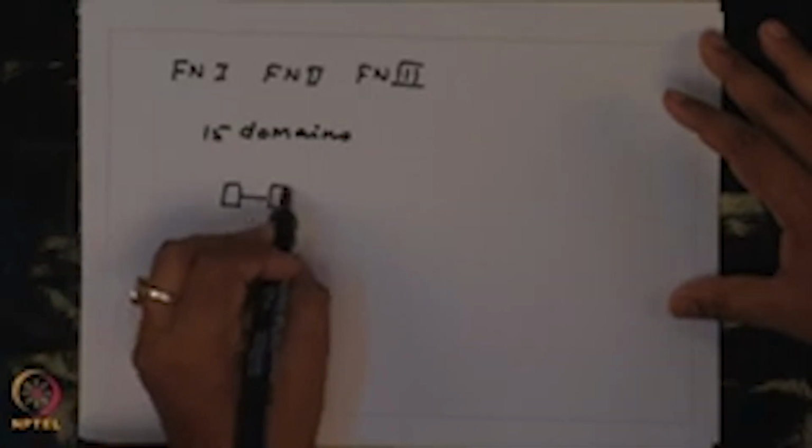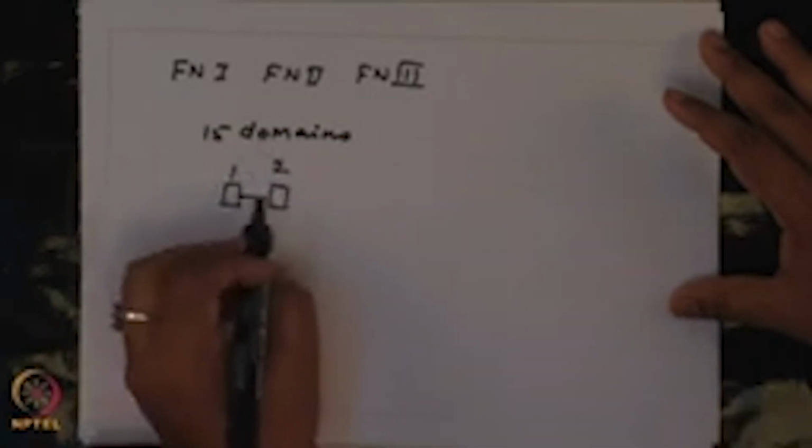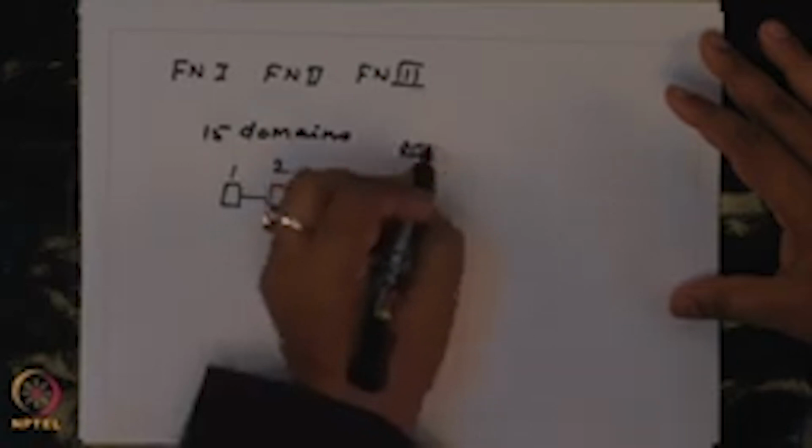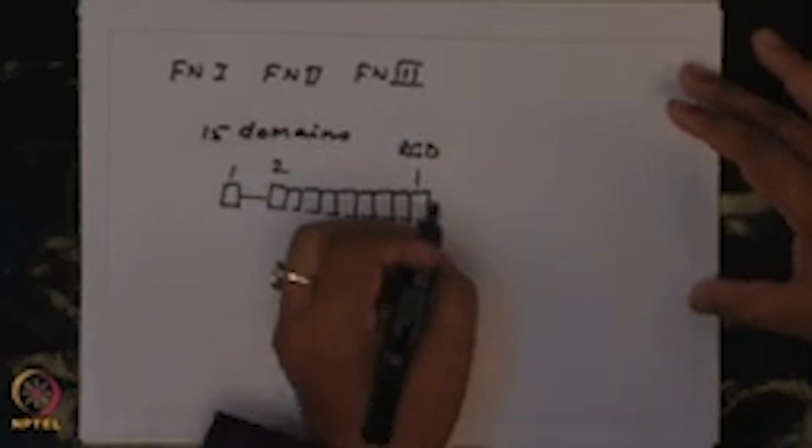The structure of FN3 is roughly like this. The first and second domains are connected by a linker, and then you have domains 4, 5, 6, 7, 8, 9, 10. In domain 10 you have the RGD sequence, which is important for mediating cell adhesion, and RGD binds to integrins.